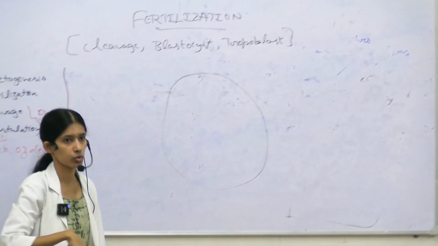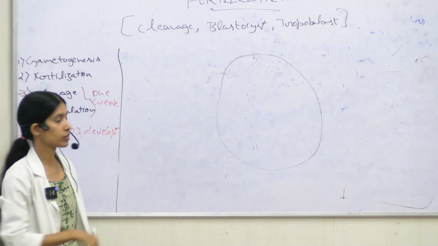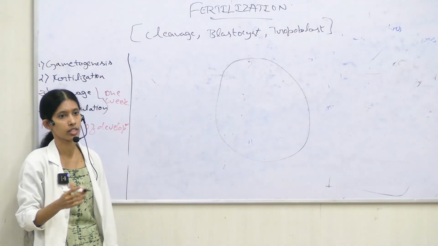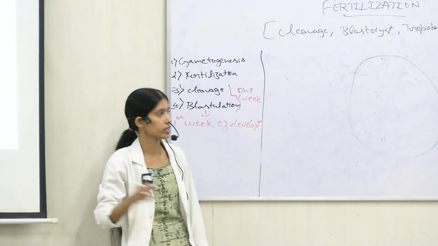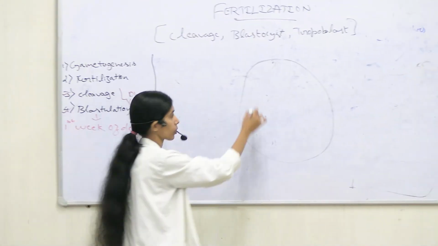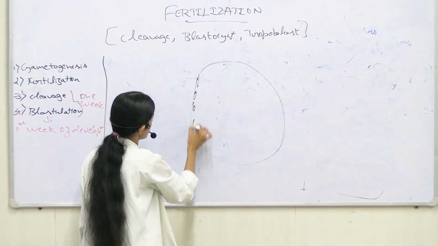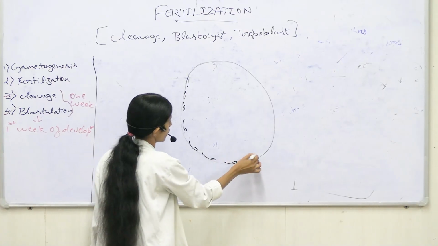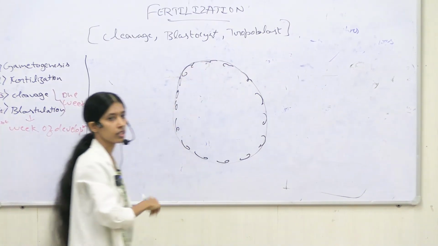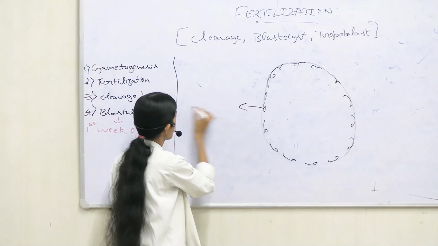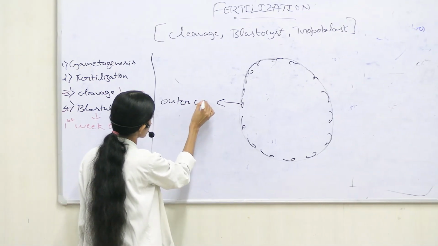This is your blastocyst structure. Okay. From the 16 or from the 64 cell stage, once the accumulation of your embryonic fluid takes place, the cells will divide. Okay. Now the cells will arrange in the outer layer like this. Okay. This outer layer is called the outer cell mass.